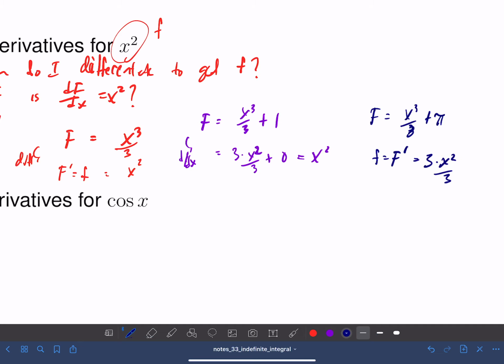There we go. I did the power rule plus 0. So in these cases, I've got a plus 0, plus 1, plus pi. There's nothing special about that constant.